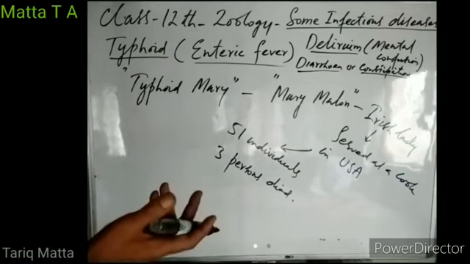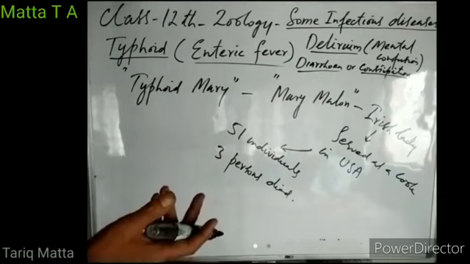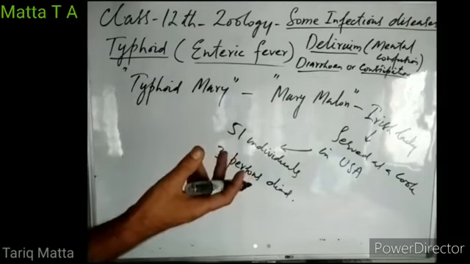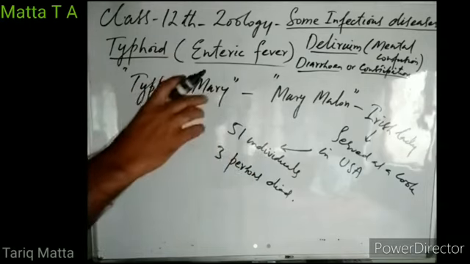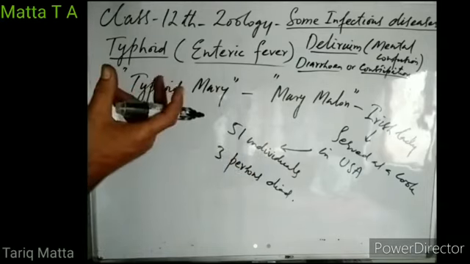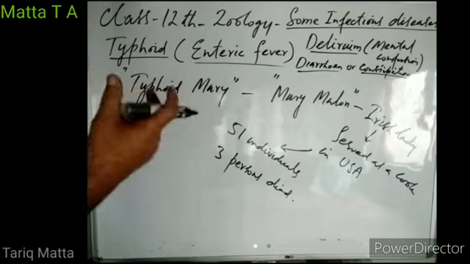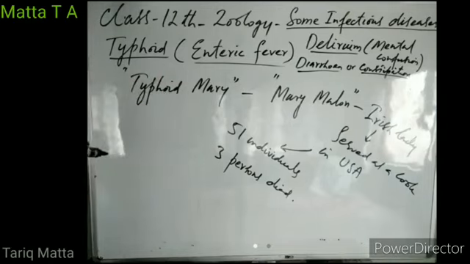There also typhoid spread. Similarly, she worked in another family, and they also got typhoid. When her case history was studied, it was observed that this Typhoid Mary spread typhoid to the families where she served as a cook. Then she was tested, and it was found that she is an asymptomatic carrier for typhoid.